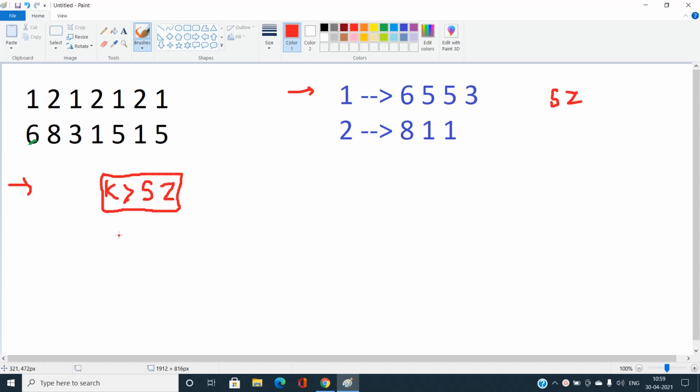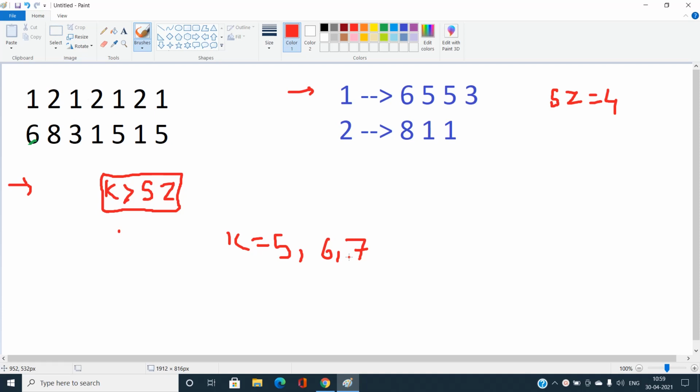For example, here SZ is 4, and if K is 5, can I form even a first team whose number of students is 5? No, you cannot form a team with 5 students, because SZ is strictly less than K. You can see SZ is 4, and if K is 5 or 6 or 7, it means that to send the first team we must have at least K students.